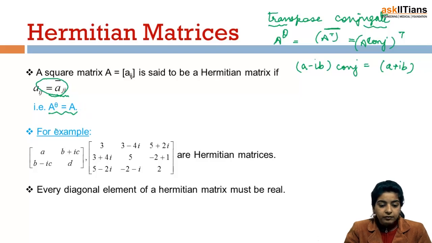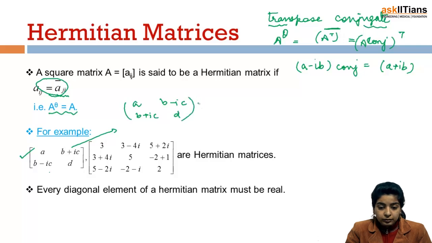For example, these matrices are examples of Hermitian matrices. How come Hermitian? Let us take this first. I take the transpose first: my first column becomes my first row, and the second column becomes my second row. Then I take the conjugate. What do I get after taking the conjugate?